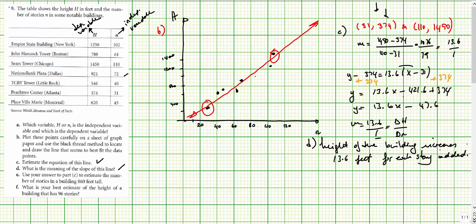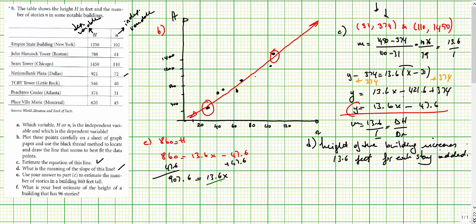And now E. Use your answer to part C to estimate the number of stories in a building 860 feet tall. So 860 is your height, and y is your height. So 860 is given: 860 = 13.6x minus 47.6. I'm going to add 47.6 first, so 907.6 is 13.6x.